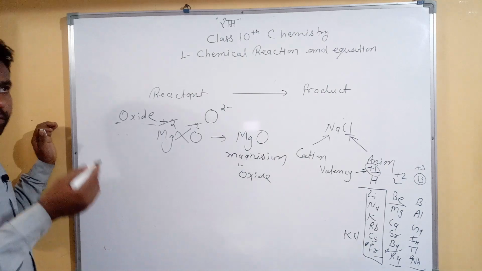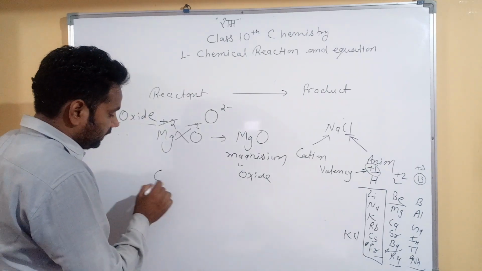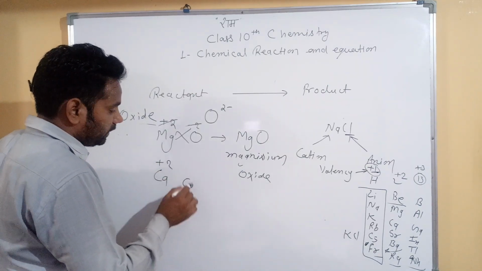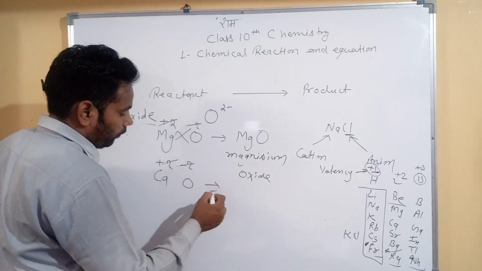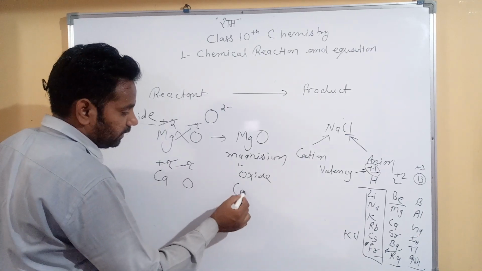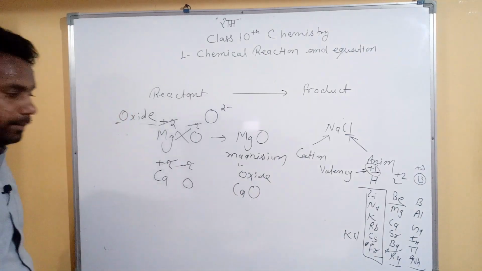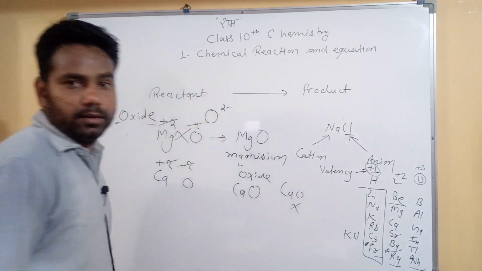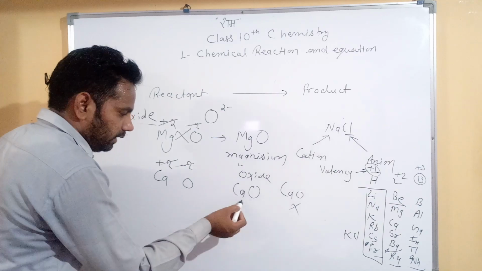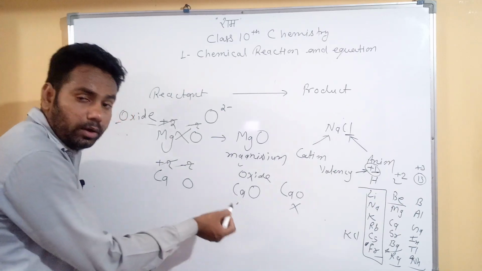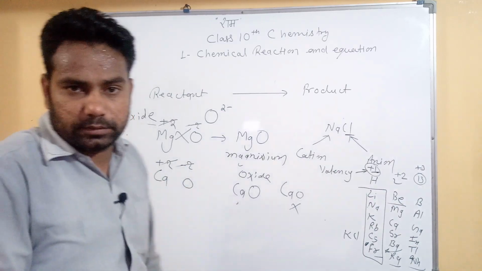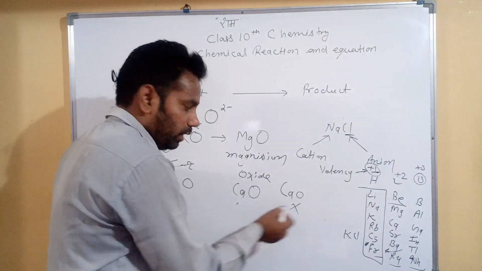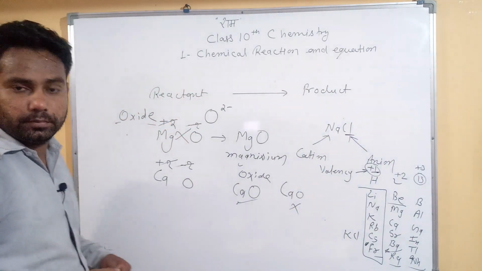Calcium is Ca +2 and oxygen is -2, so they cancel, giving CaO. Don't write it like that, it's a wrong form. Write C capital, a small, and O capital. Clear? O is a capital.